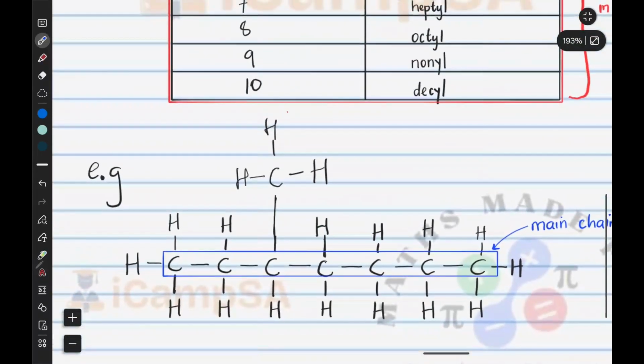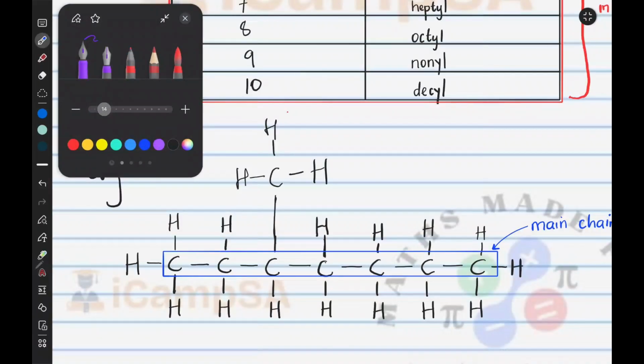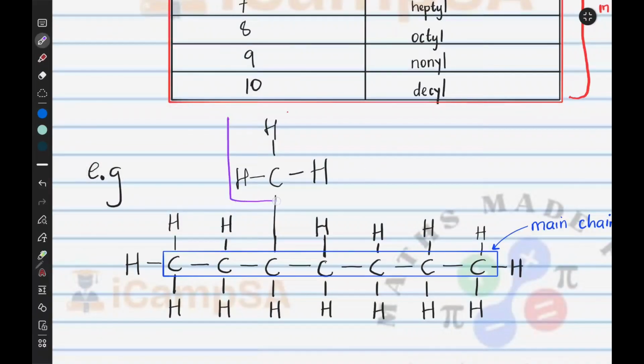And then in this main chain, you see that there's a branch away from it, or where there was supposed to be an H atom, we now have an alkyl group, which is CH3 in this case. Right, that's what we would call our alkyl group.